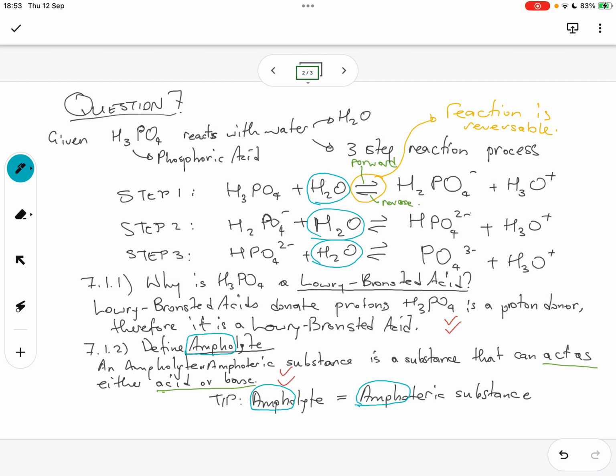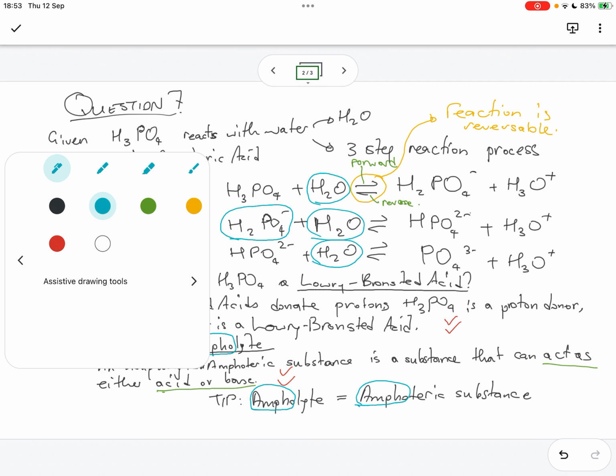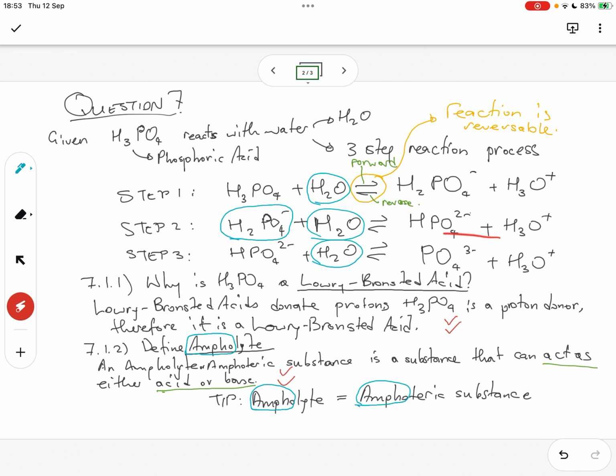H2O is also fine. So that means in the reverse reaction of step 2, H2PO4 minus can also be an ampholyte, because if we look at this reaction going from right to left, the step 2 reaction going from right to left, then we've got H3O plus as an acid and HPO4 2 minus as a base.